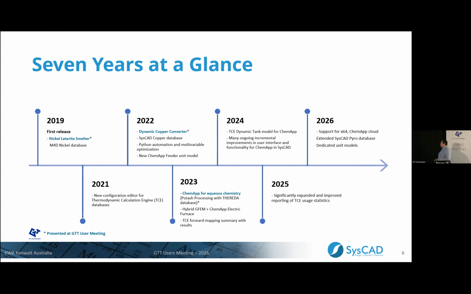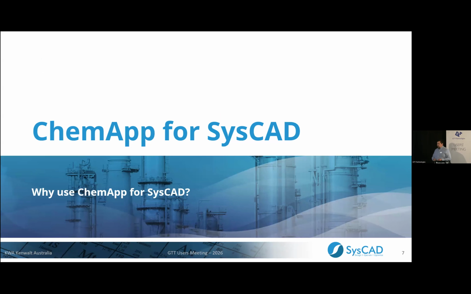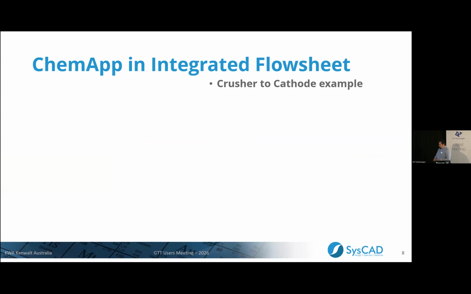All right, so let's move on to why use ChemApp for SysCAD, and how we, from SysCAD, also benefit from incorporating ChemApp into our platform. So one thing that I mentioned is that you can take this to the next level of abstraction.